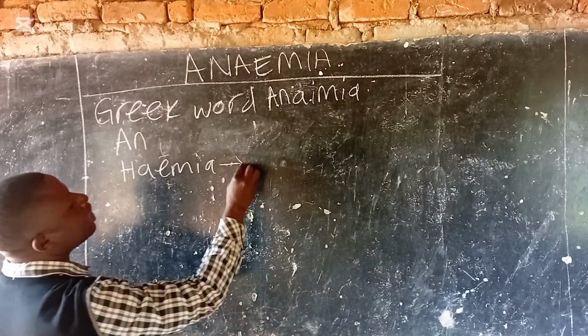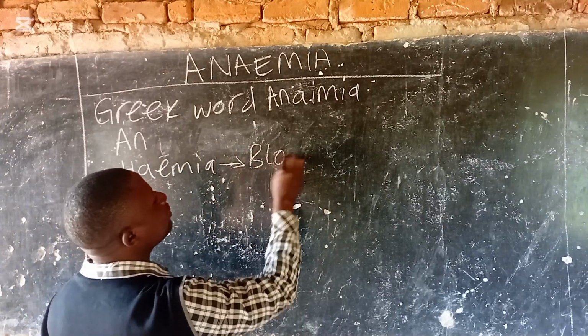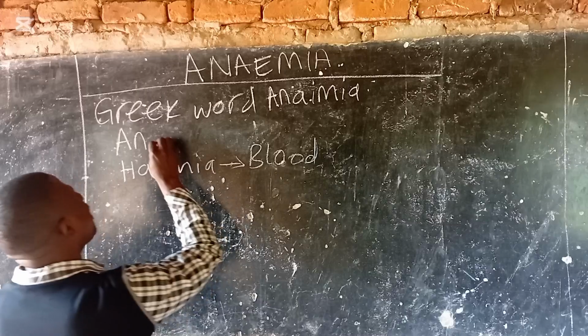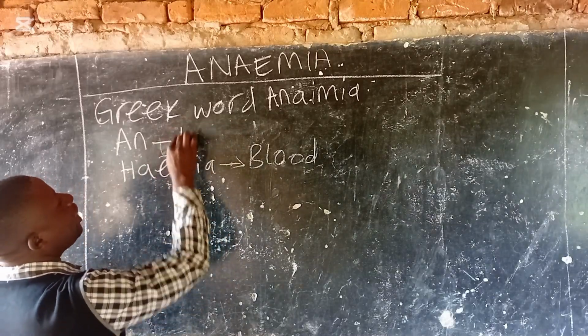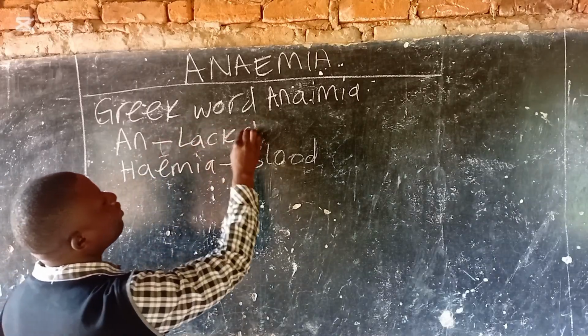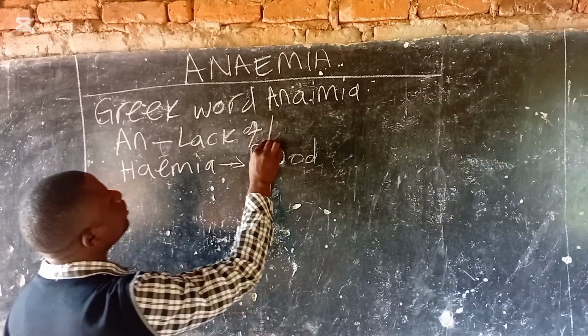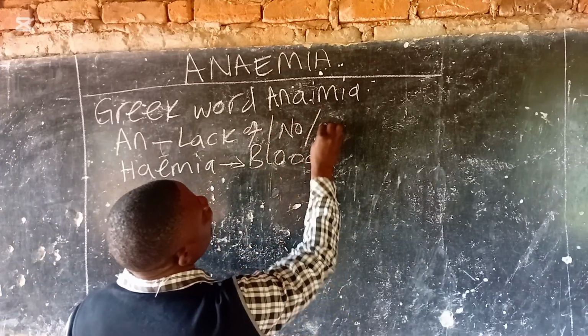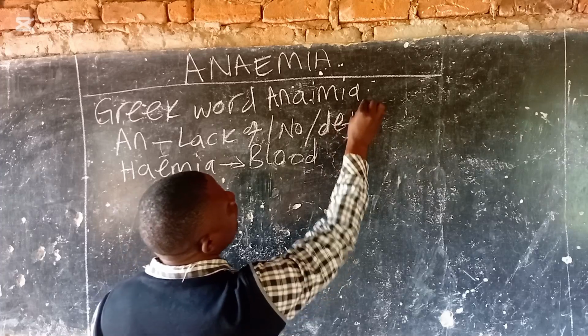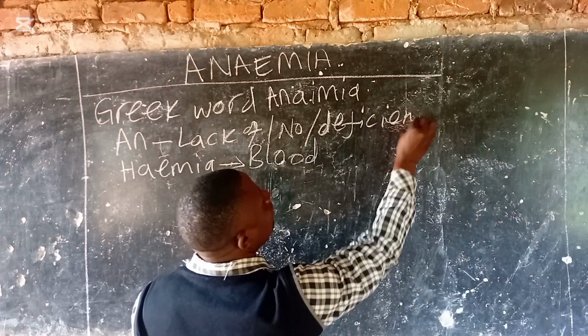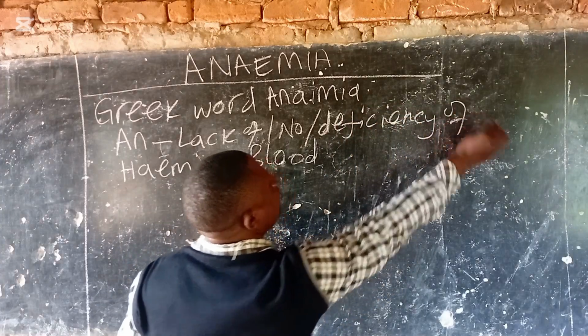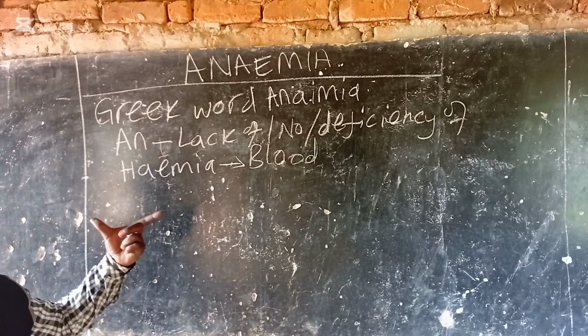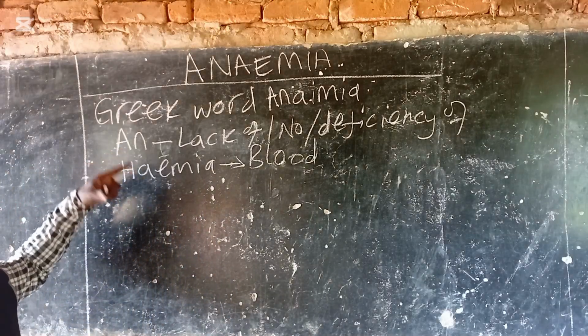Now, haemia means blood, and an means lack of, or no, or deficiency of. So, an and haemia.